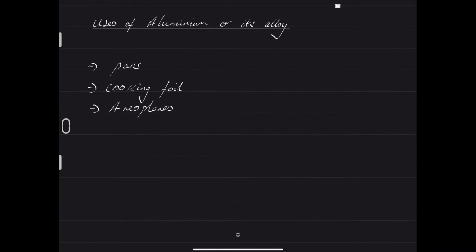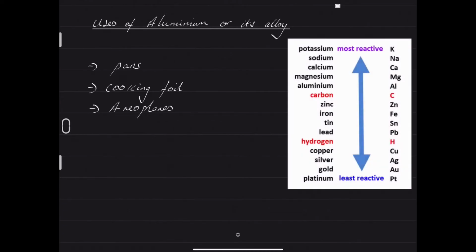Why would we be using aluminium in cooking foil and cooking pans, especially when we say that aluminium is quite reactive? Because if you look here you can see the reactivity series that we've looked at quite a number of times. Now I want you to focus your attention onto aluminium.